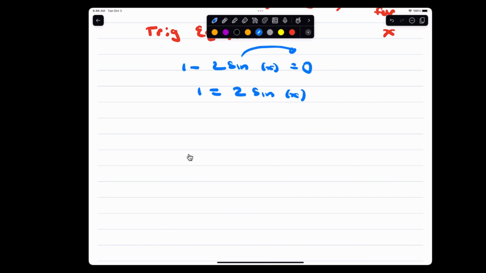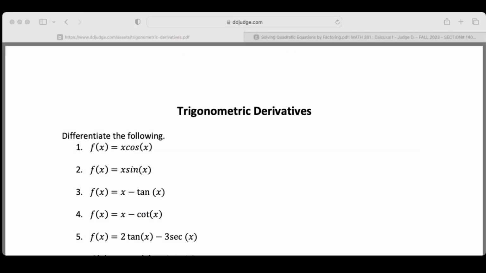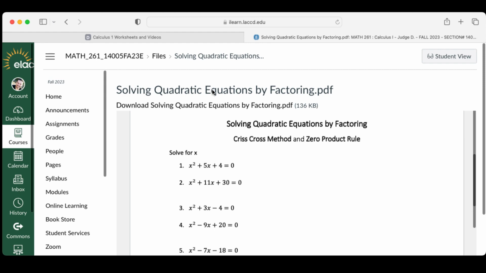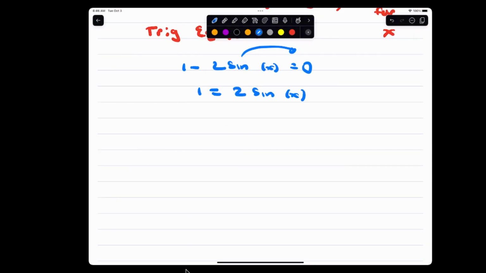You don't need it to take calculus. It's probably in about a year. So here you go. This is the stuff we did already. Alberto. Okay, so I'm going to go back over here. All right, so it's right here, Alberto. I don't think it's right here. It's called trig derivatives. And then you have the video over here. Okay, so there we go.